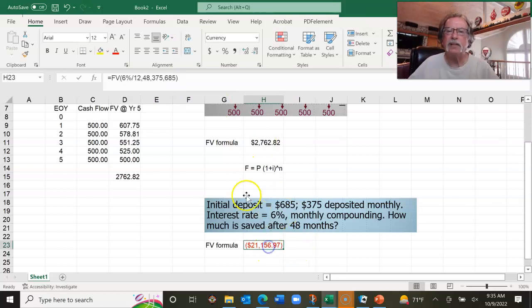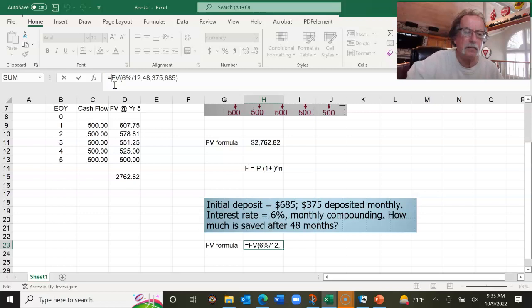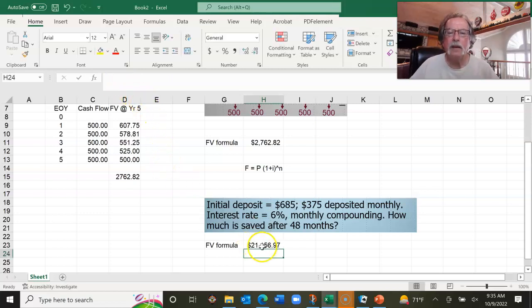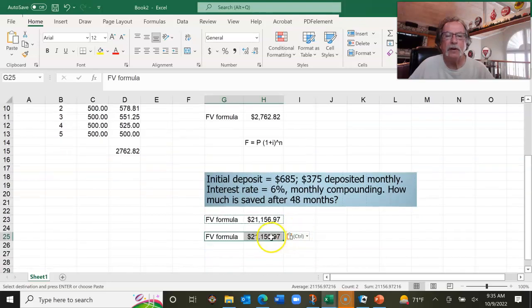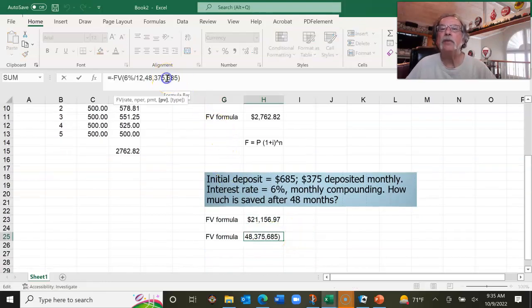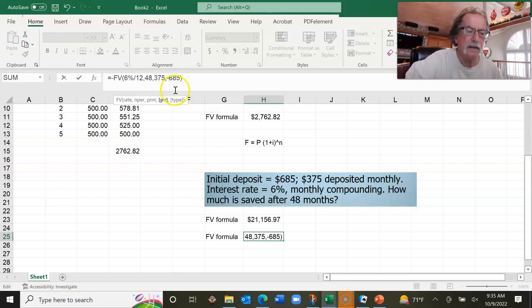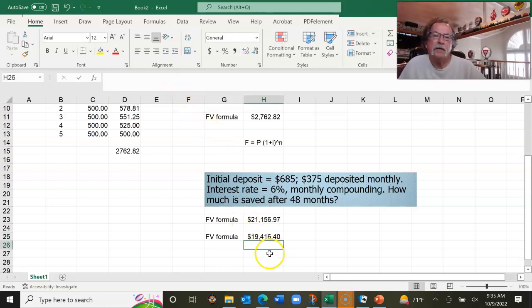Okay, let's flip the sign on this thing so we're not dealing with negative numbers. Now this present amount is the same sign as the $375, right? So if I were to make this present amount negative, this is what comes back. So the correct value is this one.